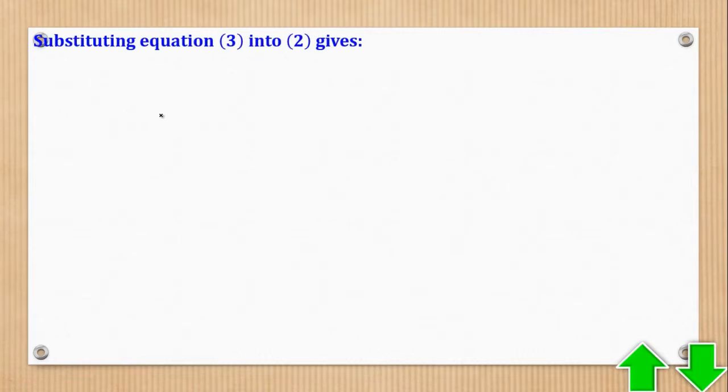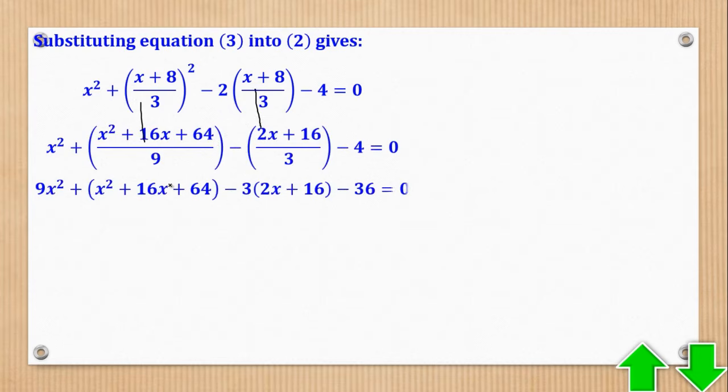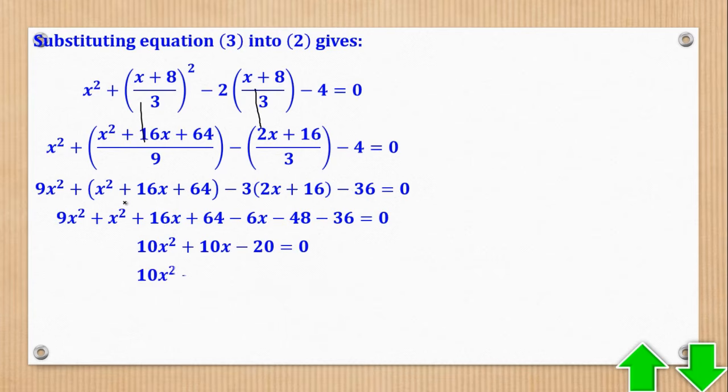Now substituting equation 3 into equation 2, I'll come up with this. Expand to come up with this. Then multiply by the LCM to come up with that. Collect like terms to come up with that. Reduce to come up with that.